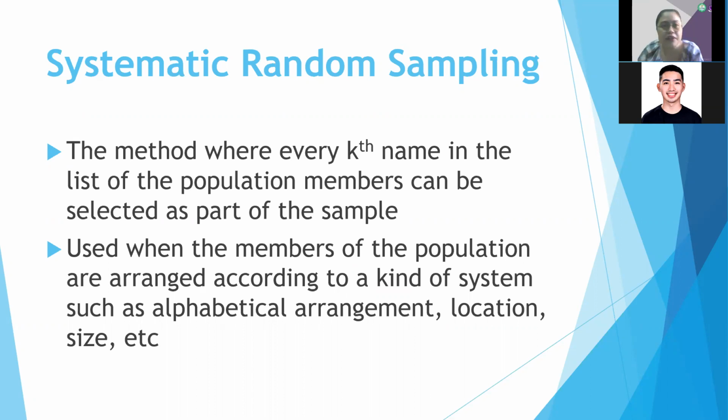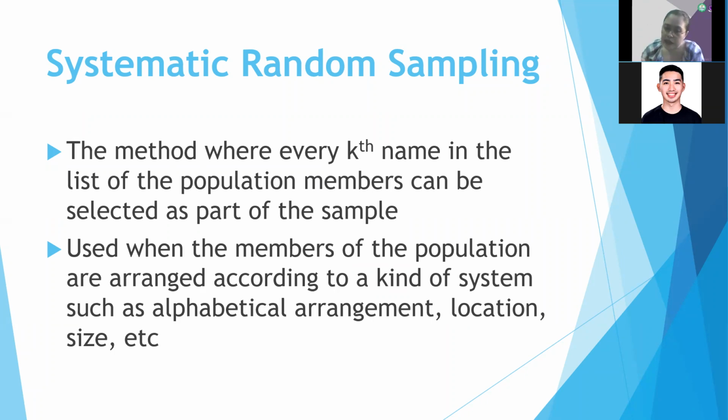Let us continue. Systematic random sampling. Sa systematic random sampling, actually, we are looking here for the interval. Meron tayong interval na tinatawag, ililist muna natin yung ating population.